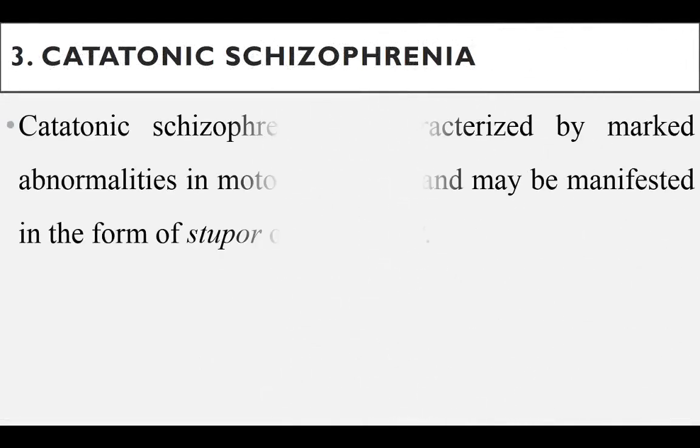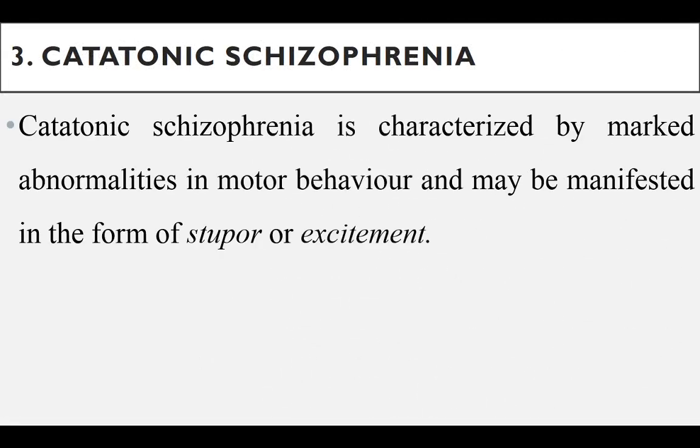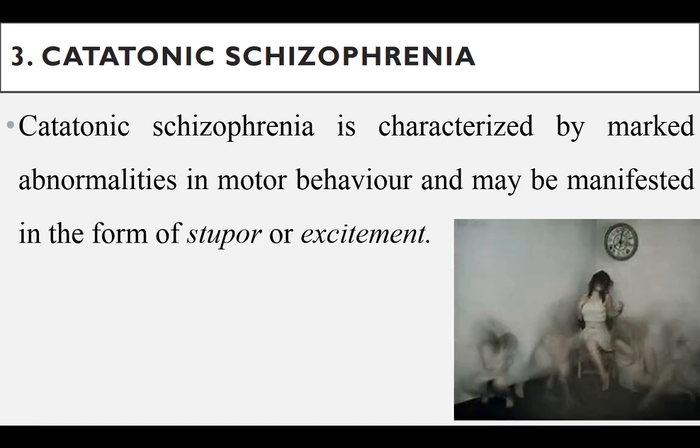Now, catatonic schizophrenia, the third type. Catatonic schizophrenia is characterized by marked abnormalities in motor behavior and may be manifested in the form of stupor or excitement. Remember, catatonic has to do with psychomotor.